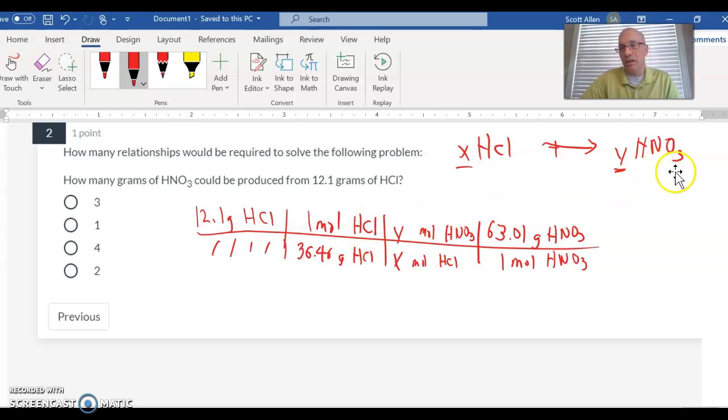It really doesn't matter what the coefficients are. We just know that there's going to be some mole-to-mole comparison, and whether it's 1-to-1 or 2-to-1, it's still just going to be one relationship in the crossbar. We would then need to convert moles of that into grams, which would require this relationship right here.